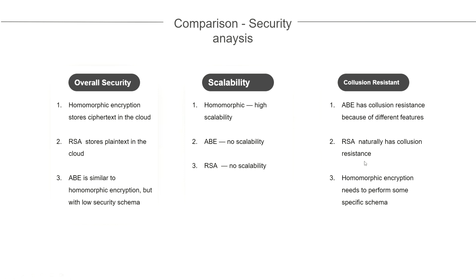Only the owner itself has the private key, which makes it collusion resistant naturally. However, among all three algorithms, only homomorphic encryption has a little issue with it, but it can be fixed with specific mechanisms introduced in the previous section. In summary, homomorphic encryption has overall better security compared against the other two commonly used algorithms.